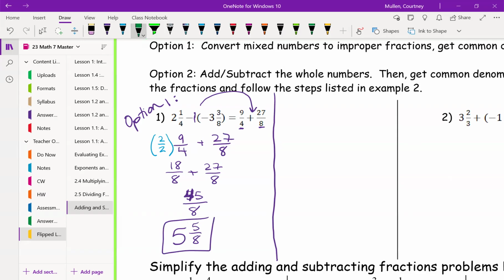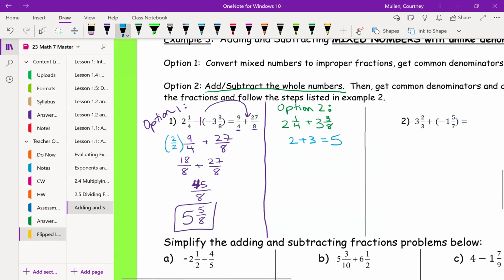Now, another way you could do this, option 2, you'll see right here. You can add or subtract the whole numbers first. So let's start with that part. 2 1/4, we know this is going to be plus 3 3/8. Well, my whole numbers are 2 and 3, and so 2 plus 3, that's 5.